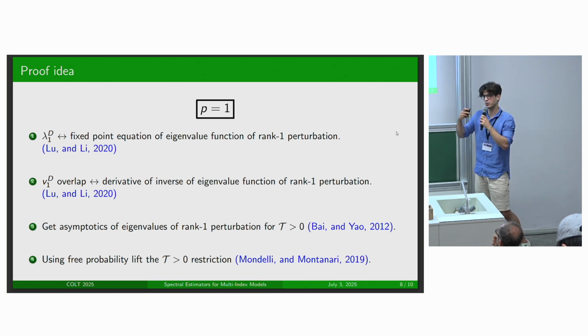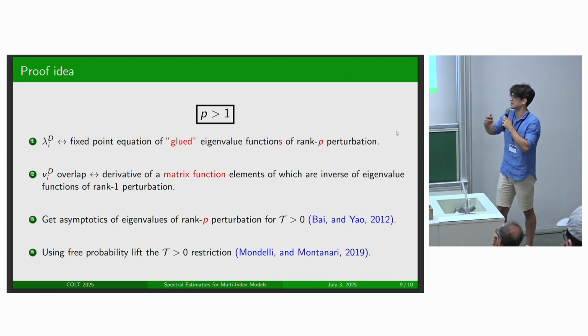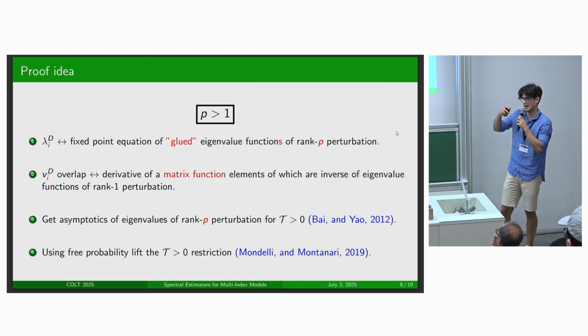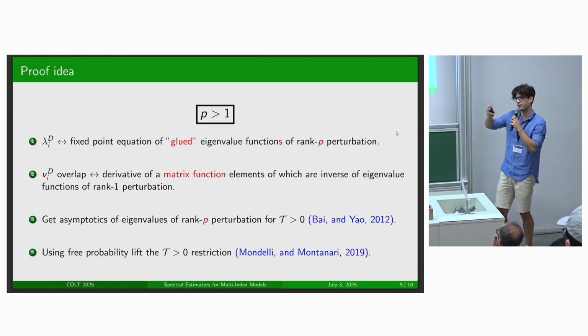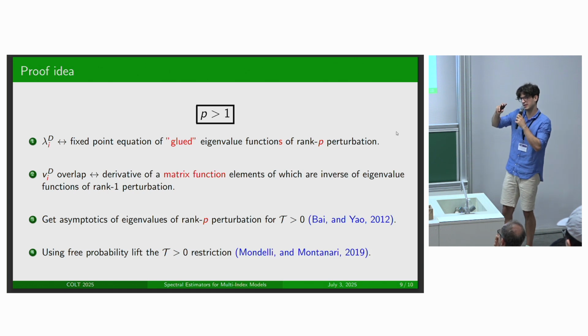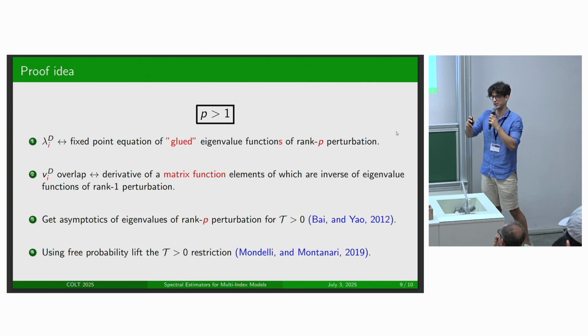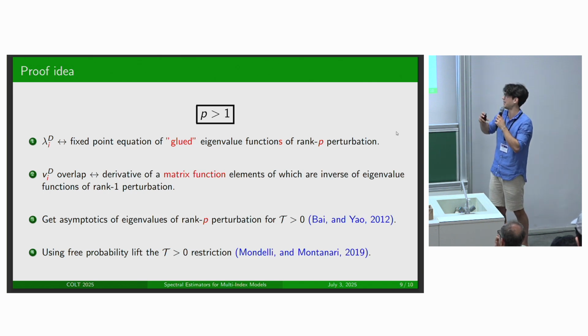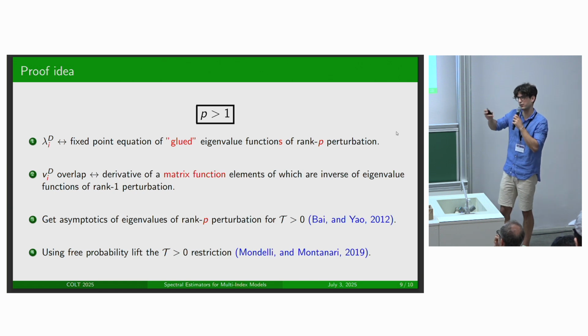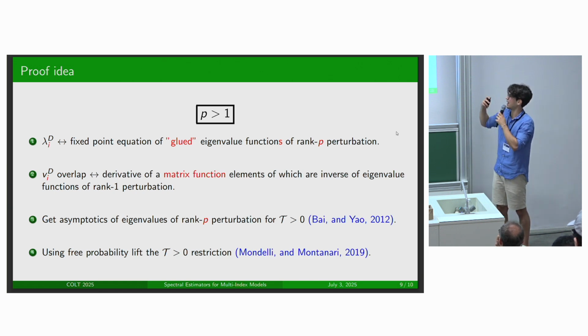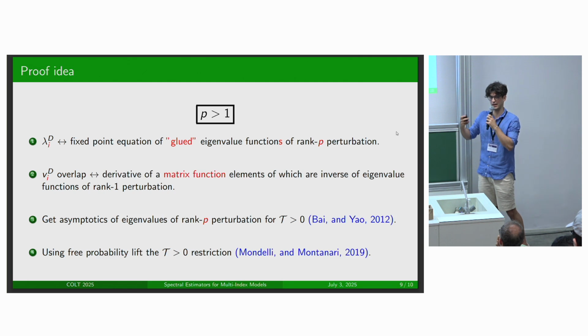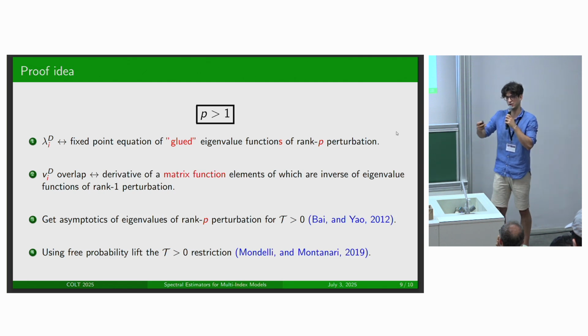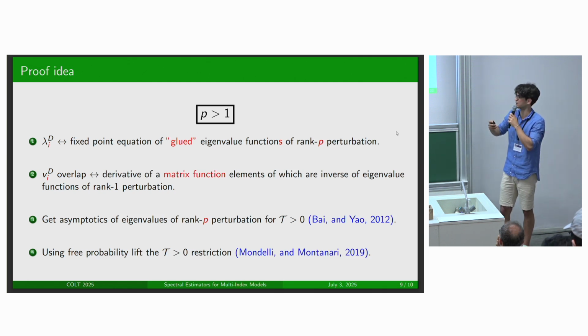What happens when p is larger than 1 is that, in the first two steps, we need a different technique than using just the inverse of a function, because it no longer works in multiple dimensions. This was the bulk of the work: coming up with a clever way of finding the fixed point equation and the matrix function that connects it to rank p perturbations.